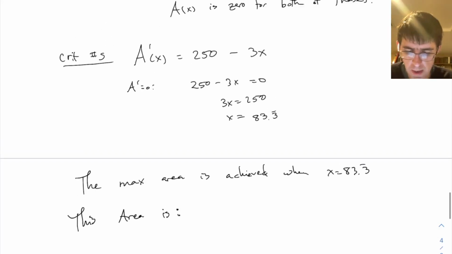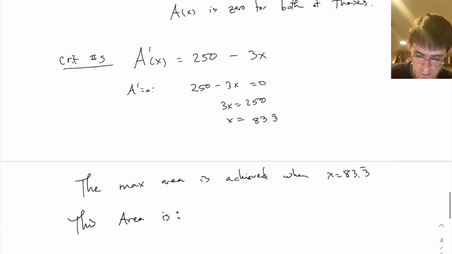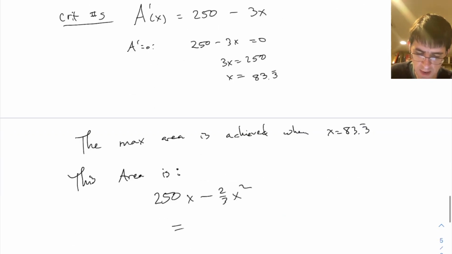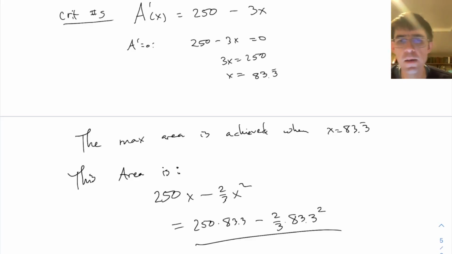Well, up here somewhere I have a formula for A, this in the box there, A in terms of x. So you would actually plug in 83.3 for x in that formula there. So it's 250x minus 2/3 x squared, which using that number, 250 times 83.3 minus 2/3 times 83.3 squared. This is the maximum area, whatever that number is.